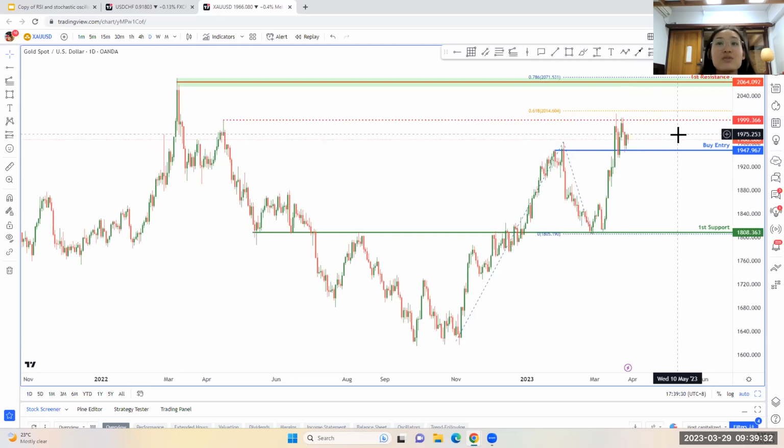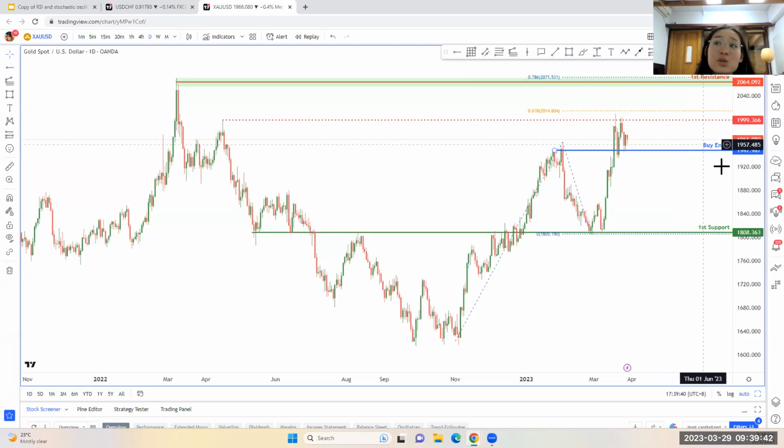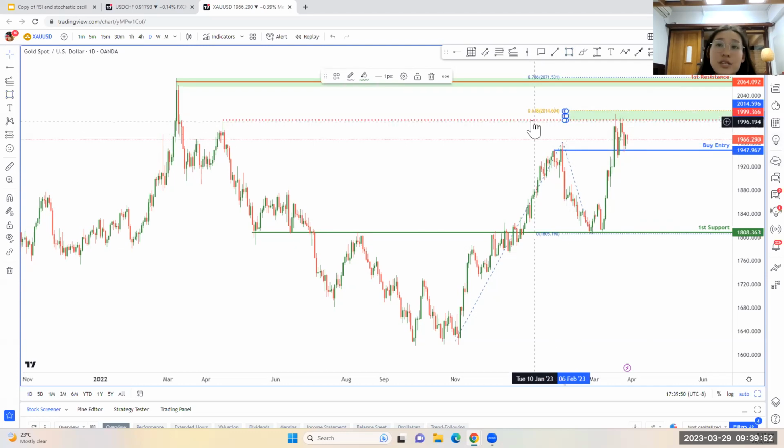But since we have Fibonacci levels that are lining up nicely with our resistance levels, this could mean a confluence area, and price could reverse off of these levels. So if you're heading for a buy towards the first resistance, we will wait for the price to first break out of this confluence area, 61.8, as well as this intermediate resistance, before going in further to go for a buy towards our first resistance.